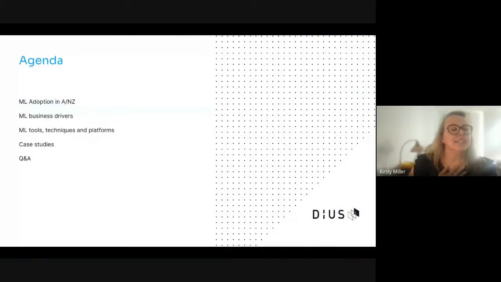So today we'll be covering the following focus areas. I'll be starting off by sharing some survey results on ML adoption in Australia and New Zealand and how organisations are applying machine learning to derive business benefit. Then I'm going to pass over to Nigel, who will share some results into how machine learning tools, techniques and platforms are being used.